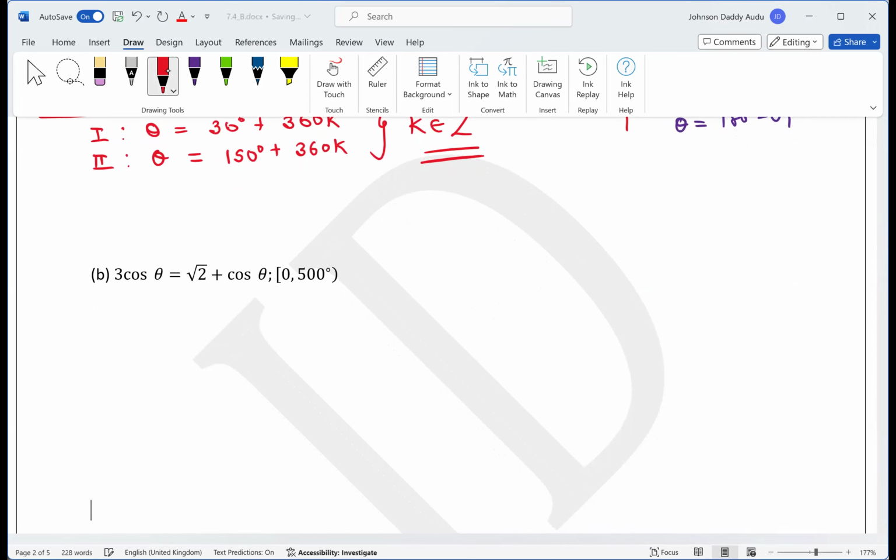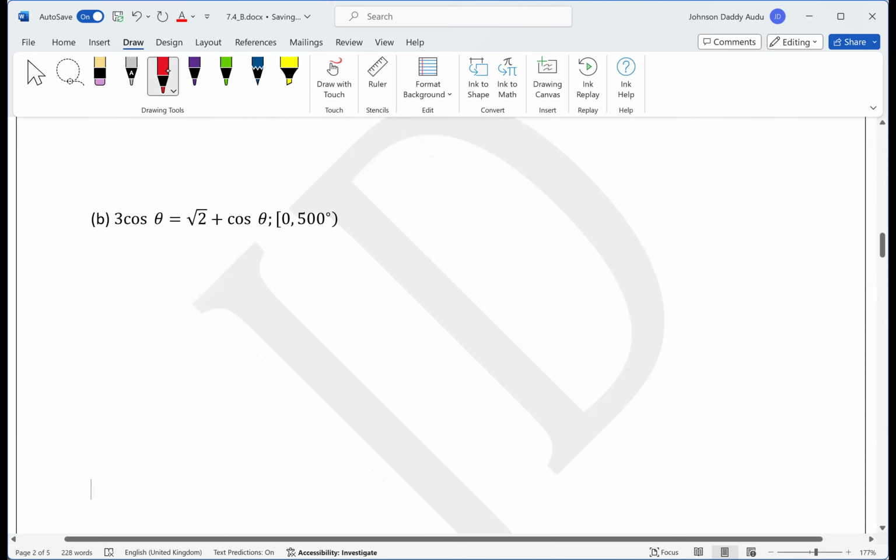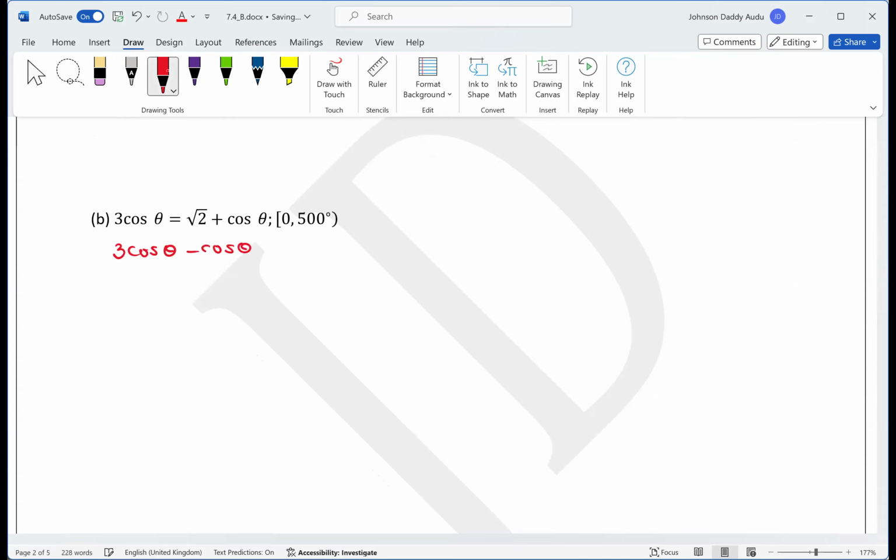Now, look at example B. For example B, we just need to make some rearrangement here. With this, we can write 3 cosine theta minus cosine theta is equal to root 2. So this will be 2 cosine theta equals root 2.